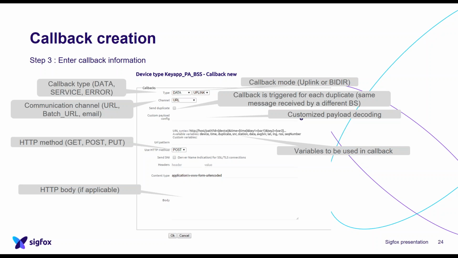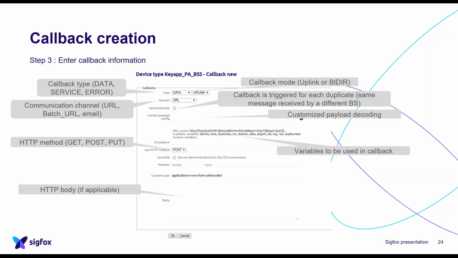I will start with service and errors. The service messages are linked to a very specific part of the Sigfox firmware library. In case of service, it's like keep alive messages that are sent through the library using the keep alive method, what is called out of band messages.